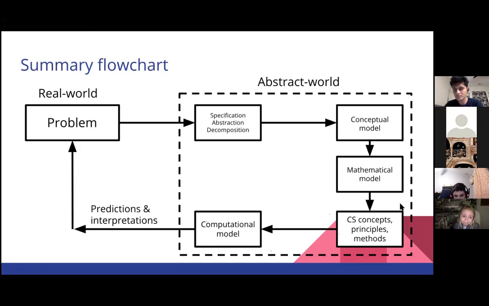Then with that mathematical model, we make the tricky leap to computer science, aided by CS concepts, principles, and methods, many of which were discussed here, and we finally move into our computational model. And with our predictions and interpretations, we can validate it with science, for example, should we have the technology to.